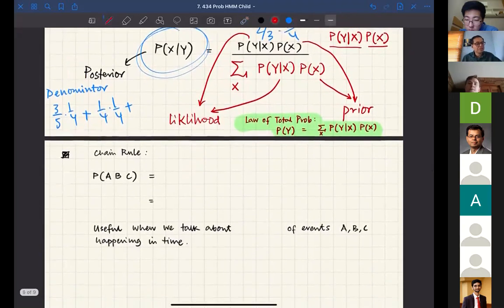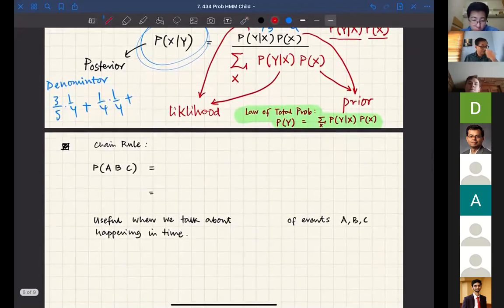Okay. Final thing is chain rule. This says probability of ABC. Now we are taking 3 random variables. You can write this as the following. You can say this is P(A given BC).